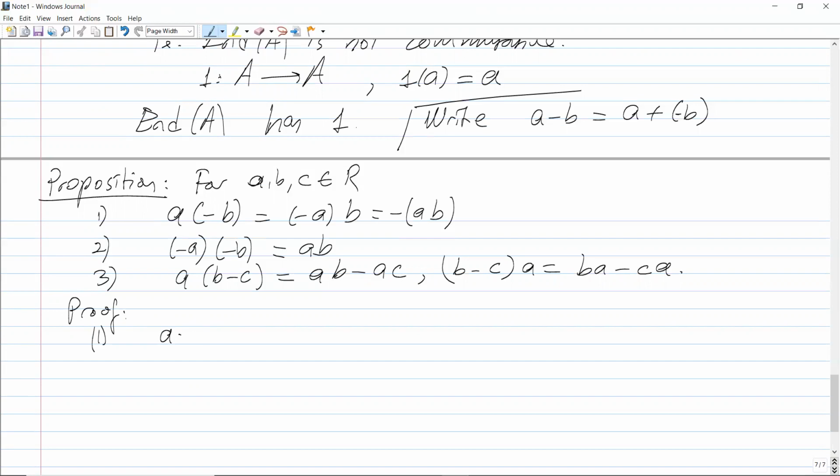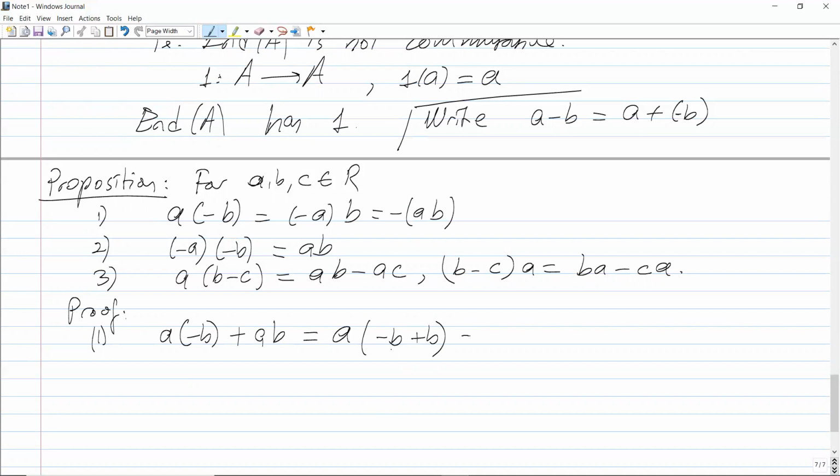Let's look at A times minus B. If you add this to AB, what do we get? Using the distributive law of multiplication onto addition, we can write it like that.